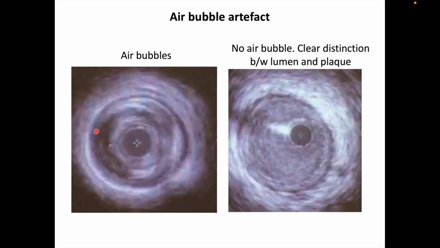So that is an air bubble sitting here. If you lose all the visibility, that can be because of air bubbles. Once you clear these air bubbles, you flush them out and you take the catheter in again, you can see a clear distinction between the lumen and the plaque, whereas here you couldn't discern much.